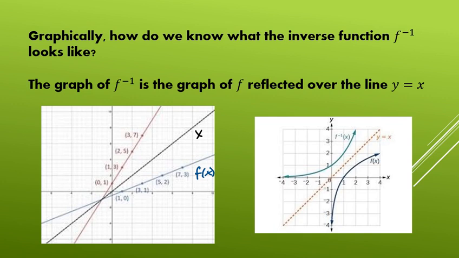Sometimes with certain functions, it's just easier to do a rough sketch of it. Here we don't have specific points labeled, but you can see we have f here, and the line y equals x. Then you can picture flipping that over across that diagonal line.